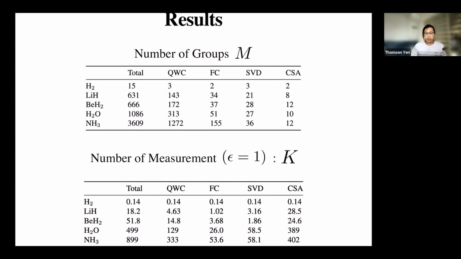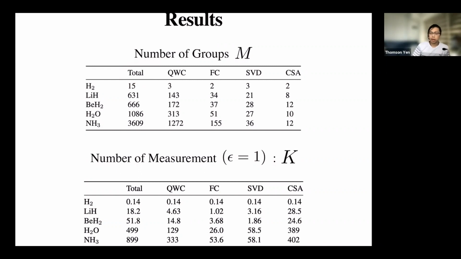So here are the results. On the rows of these tables, we have several simple molecules that we could compute. And on the columns are methods that we covered earlier. In order, we have the most naive approach that measures individual Paulis, and qubitwise commuting, fully commuting, up until GCSA.